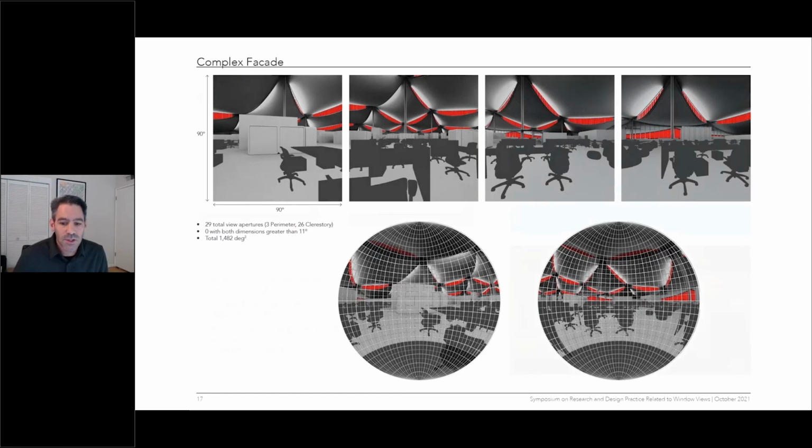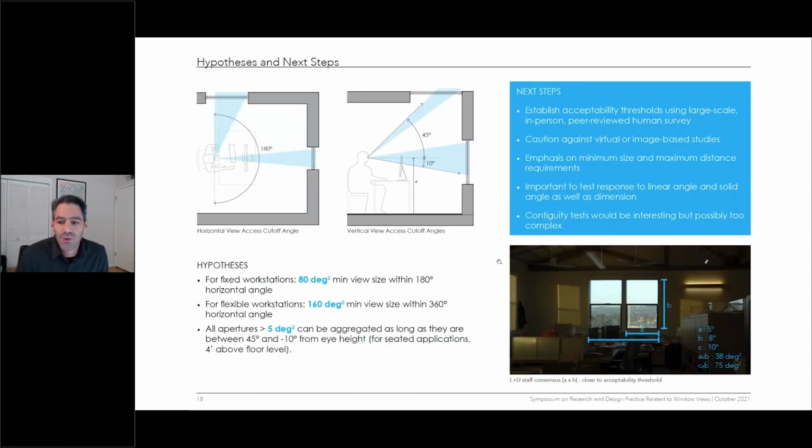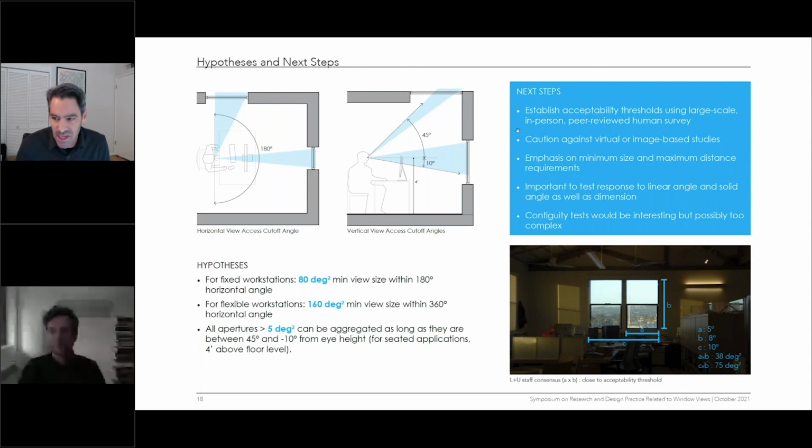And so finally, I just wanted to give you our plea for some more research in this, perhaps some more rigorous research than we're able to do. We would highly advocate for establishing acceptability thresholds using large-scale, in-person and peer-reviewed human subject surveys.